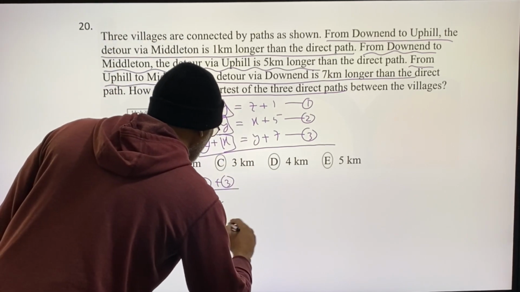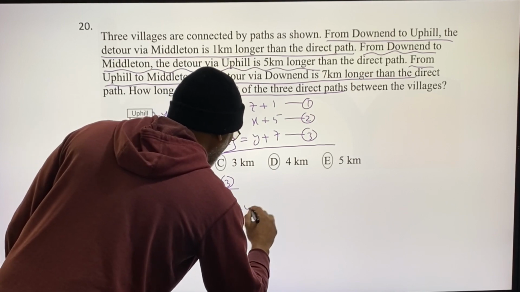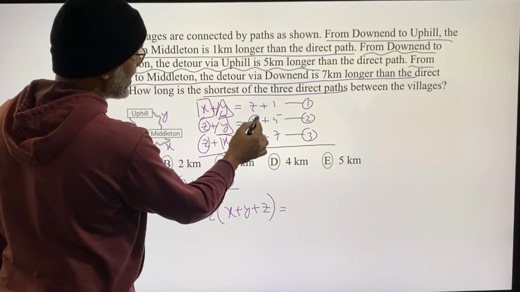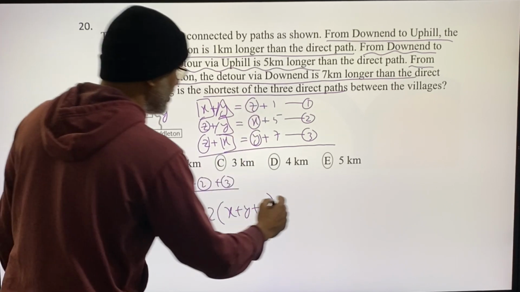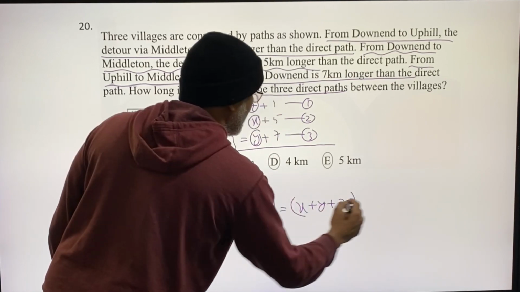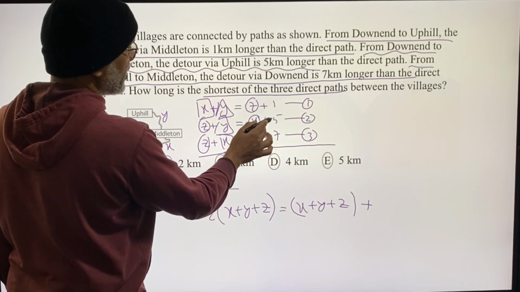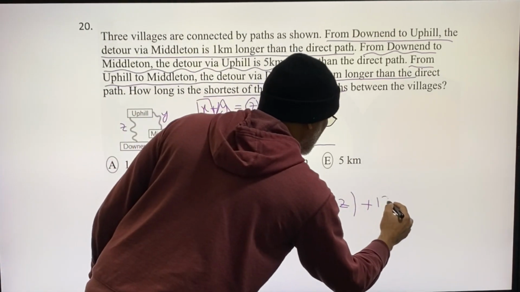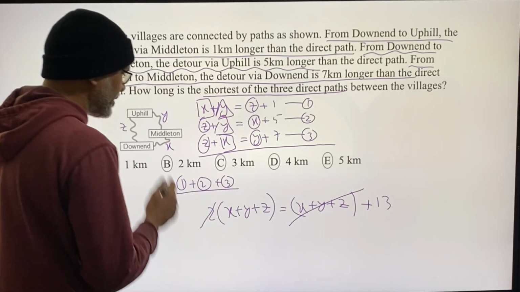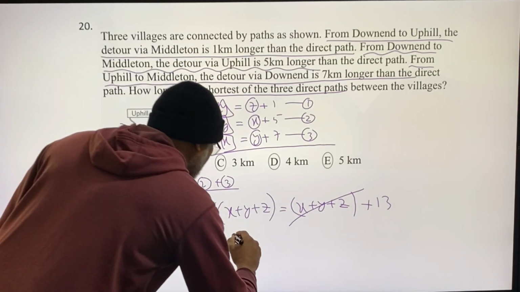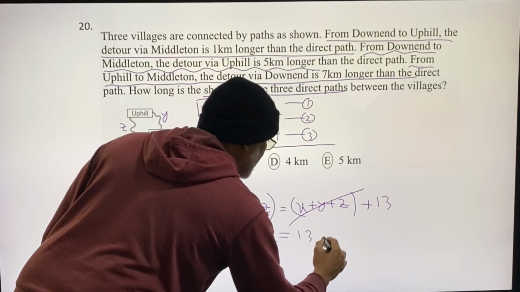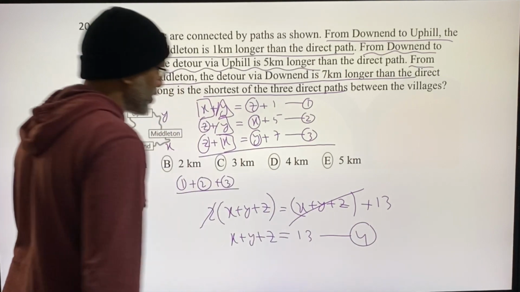So it is 2 times x plus y plus z is equal to x plus y plus z plus 7 plus 5 is 12, plus 1 is 13. So taking out one x plus y plus z from this side, that means x plus y plus z is 13. This is my fourth equation.